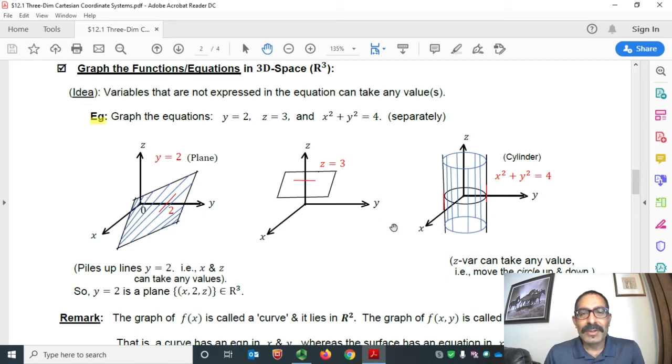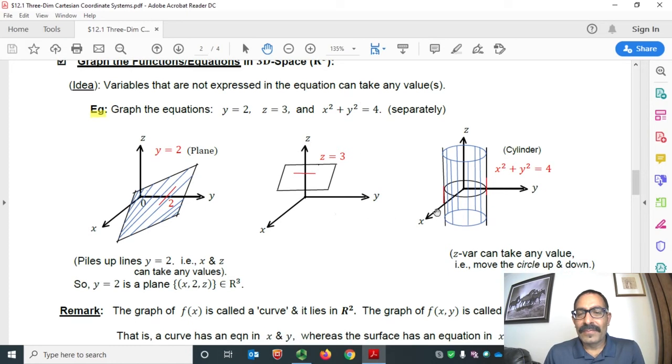Similarly, let's move to the third diagram. Here x squared plus y squared equals 4. So now here the z variable is missing. Simply, x squared plus y squared equals 4 is the equation of a circle in the xy plane. So it's a circle in the xy plane with radius 2, center at origin.